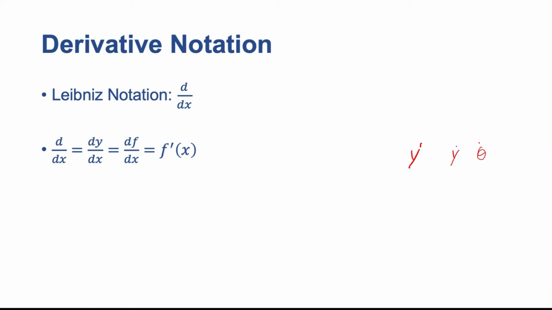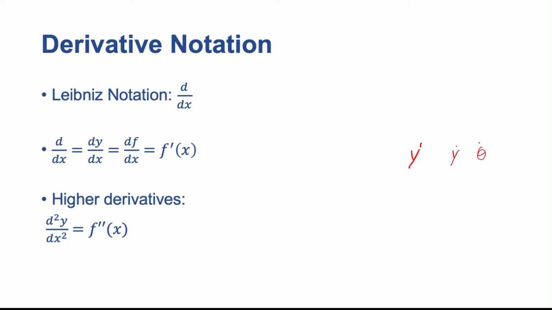And there's also higher derivatives. So if I take a derivative of a derivative, well, then I have a second derivative. And if I want to take another, then I have a third derivative. And we can keep going on and on as long as our function allows it. So for that type of notation, we have d squared y over dx squared, or f double prime, and that's for second derivatives.